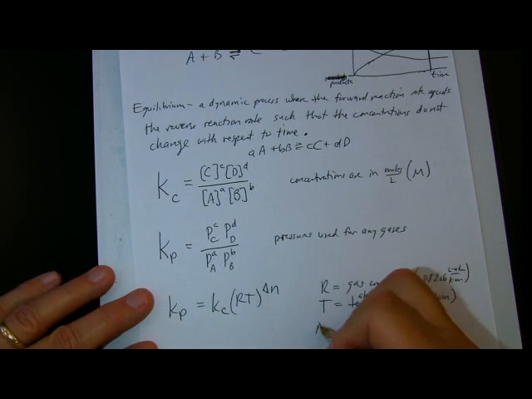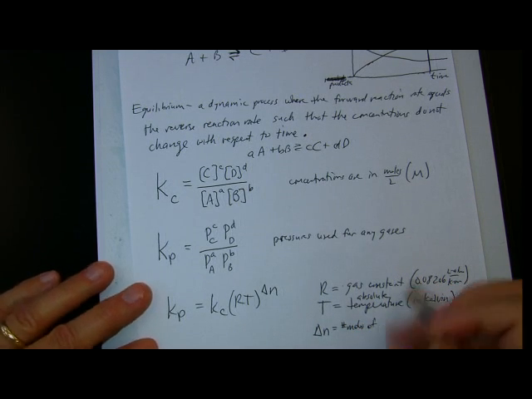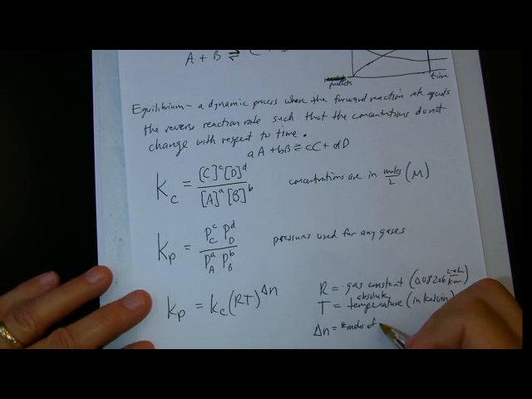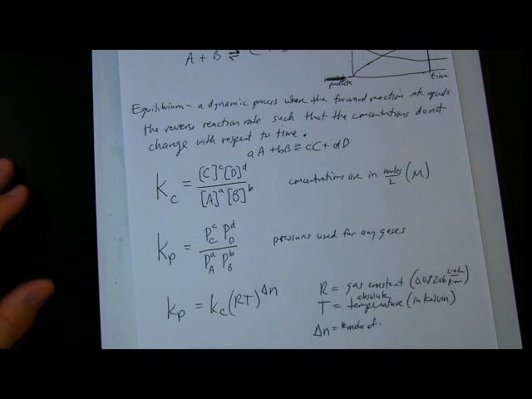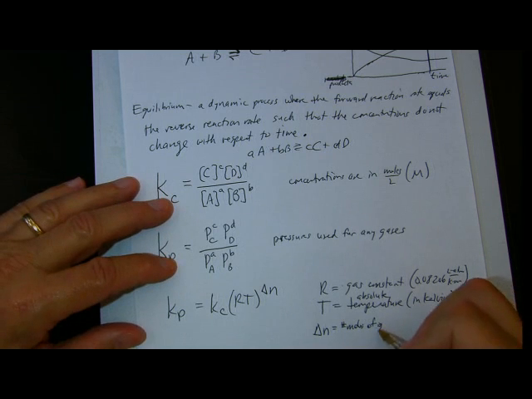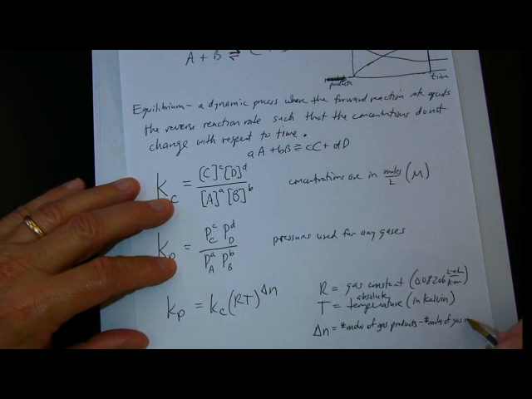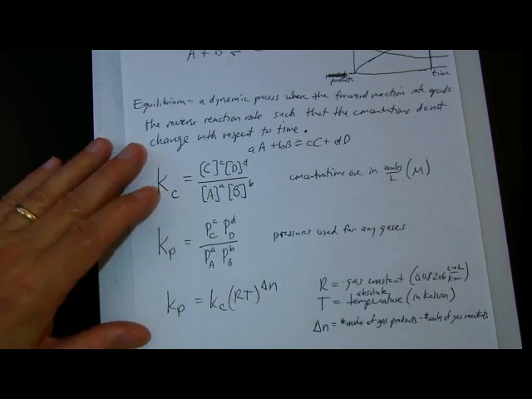Delta N is equal to the number of moles of gas products minus the number of moles of gas reactants. That's what delta N is.